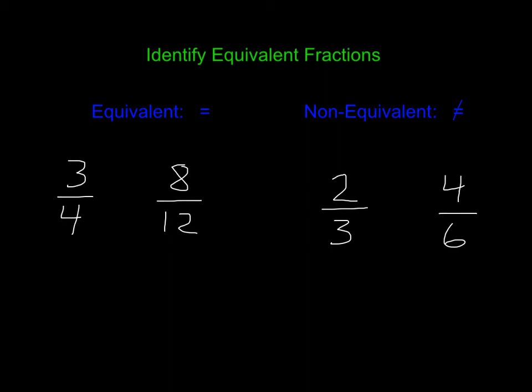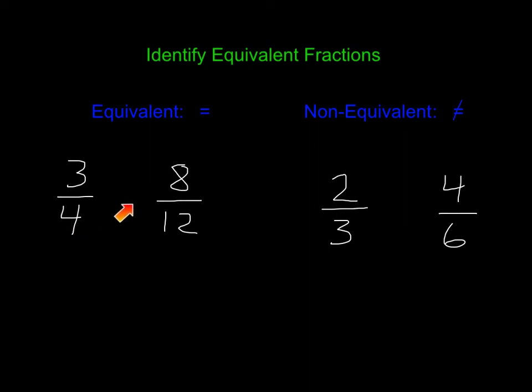Now on my next step here, I am going to identify an equivalent fraction. And in this, I'm going to actually use a trick. This trick involves multiplication. So, what we are going to do is look at our denominators and our numerators, and we're going to what is called cross multiply in order to figure it out.